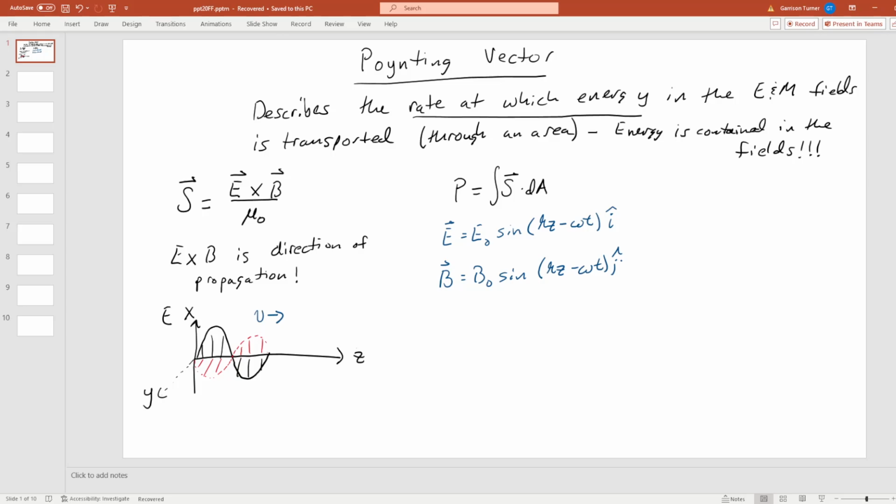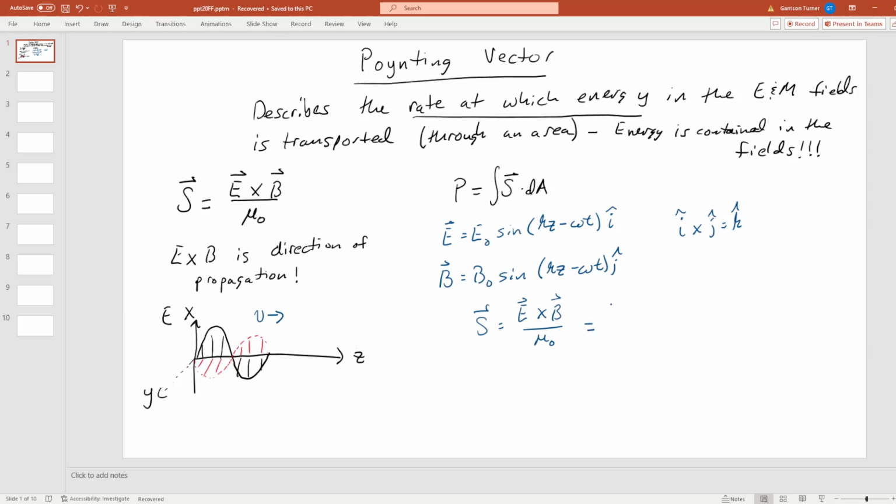So what you would do to calculate the Poynting vector is E cross B, and then of course we'll tack on the permeability constant. First things first, remember that I cross J is K. So the unit vector on this is going to be in the K direction.